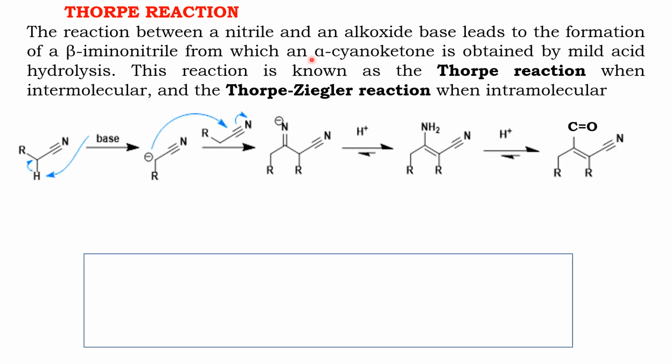So we get an alpha-cyanoketone by treating a nitrile with a base followed by further reactions. So the reaction proceeds through the formation of beta-iminonitrile. This is beta-iminonitrile.